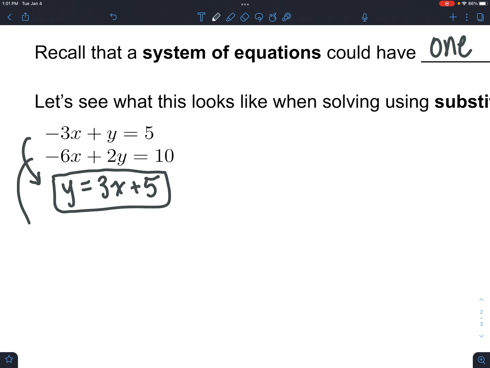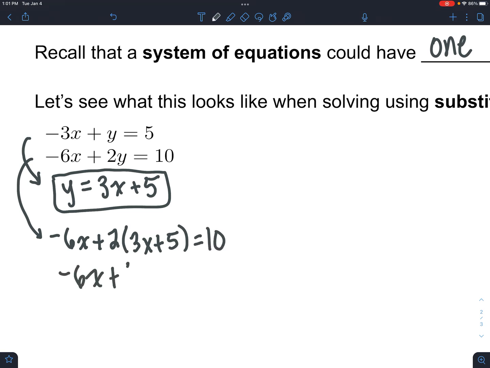Okay? And then I'm going to take the second equation and plug in what I found y is. Okay? And as we go through this, we get to a little bit of an interesting thing happening.